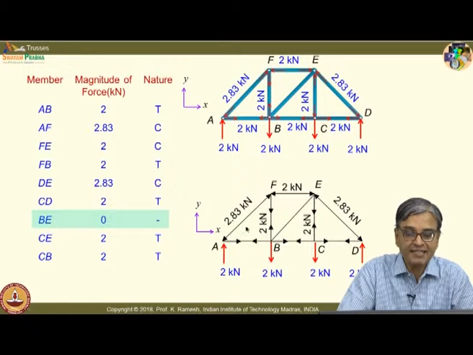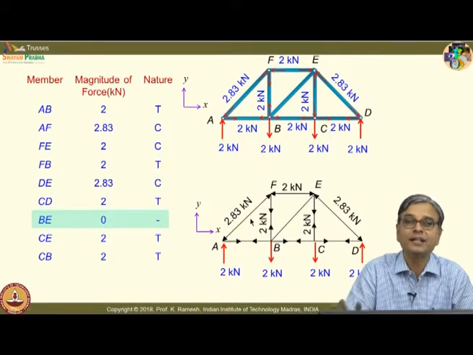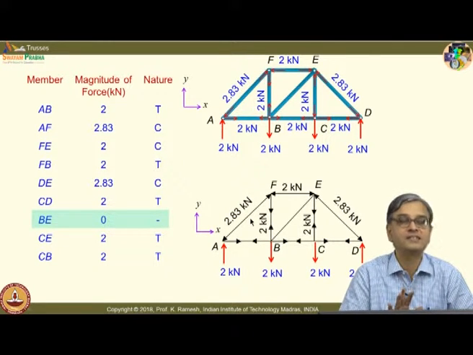If I see this as physically compression on the member, it is actually tension. If I see what is physically tension on the member, it is actually compression. This is a symbolism.